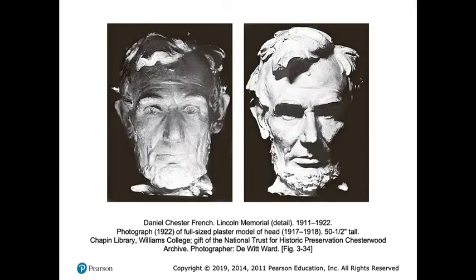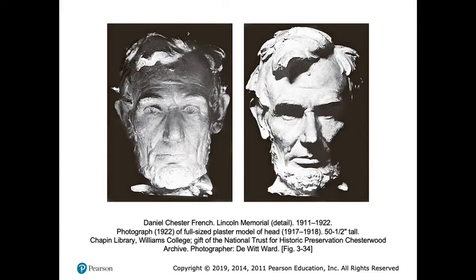Another element that we have is light. We have a very nice example here: the Abraham Lincoln sculpture. When French was creating the sculpture, he was in his studio, and in his studio he had a very strong spotlight.